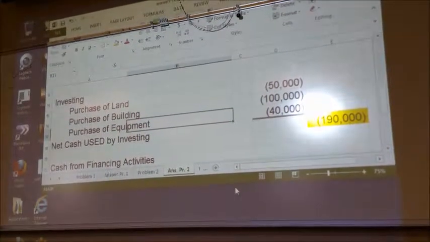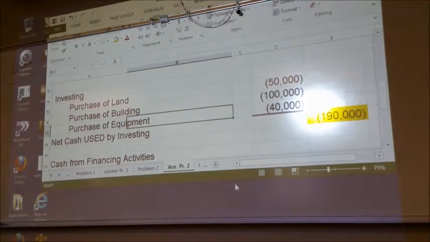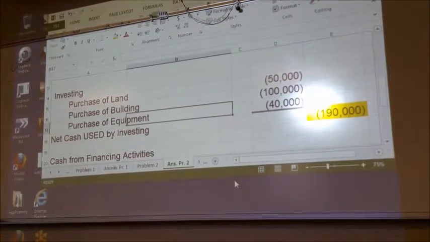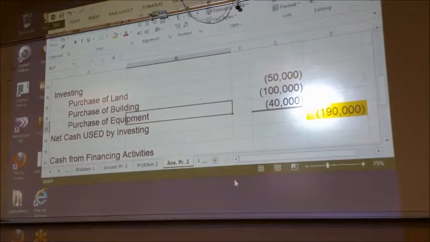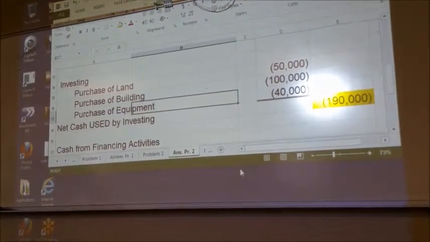So you should have two things in your financing activities. If you issued bonds, and your bonds went up that you owe, and it tells us that we got cash from our bonds, so that's going to be a positive 155,000 right there.